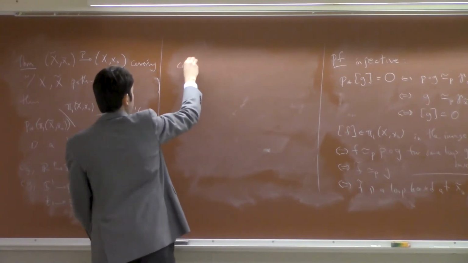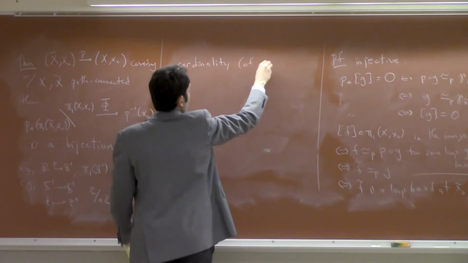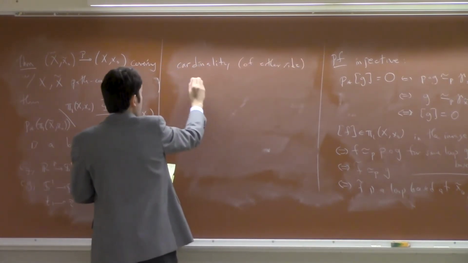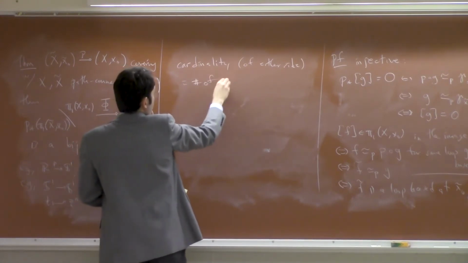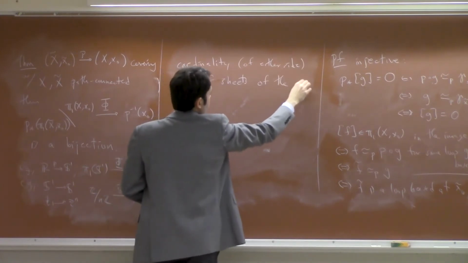The cardinality of either side is the number of sheets of the cover.